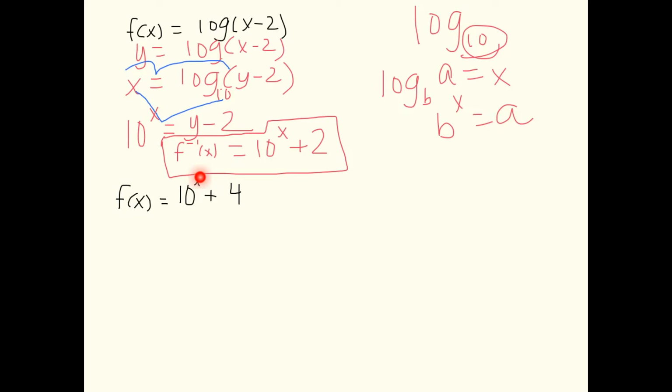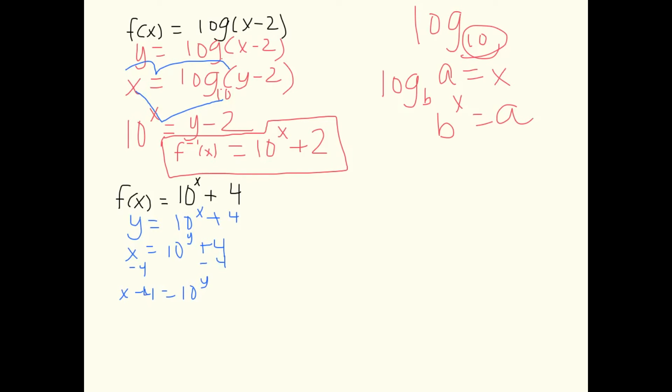Now here's the next example. Now we're going from exponential to log. It's going to be the same thing. We have a y instead of the f of x. Then we switch our x and y. So my y became x, my x became y. Then we just start solving. Subtract the 4 from both sides. So x minus 4 equals 10 to the y.